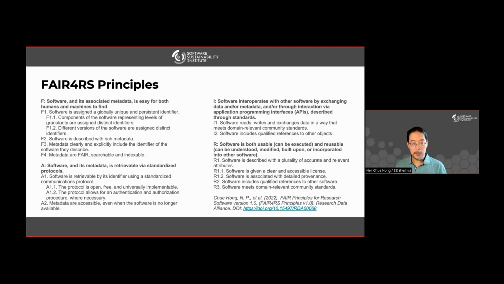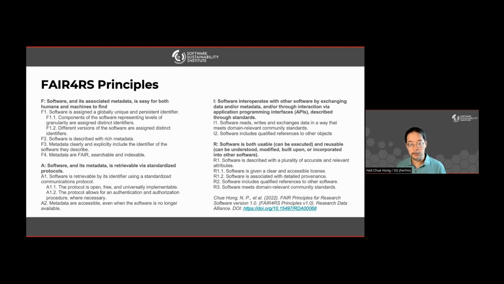And then finally, the R in FAIR for Research Software Principles is that software is usable and reusable. So here, this is really coming to the aspect of productization of software. As you go down the different tiers of software, from analysis code to prototype tools to research software infrastructure, that software becomes more usable and more reusable.